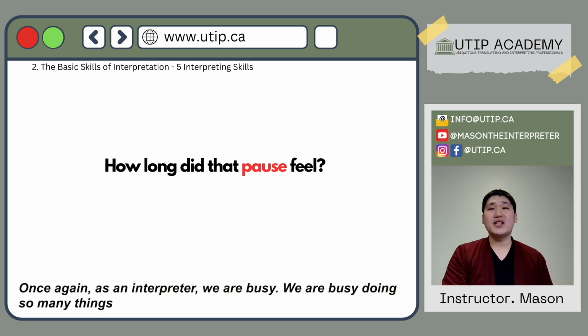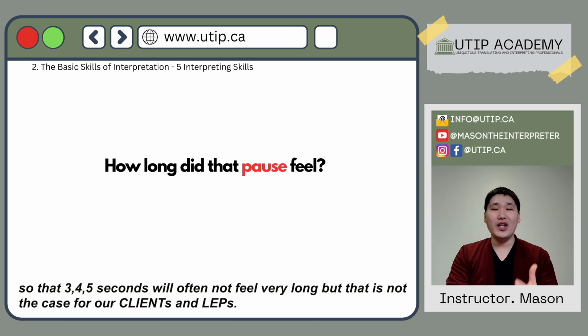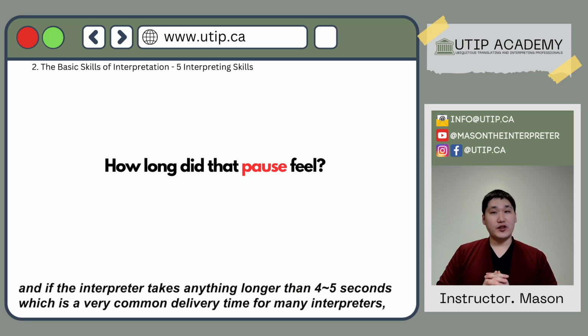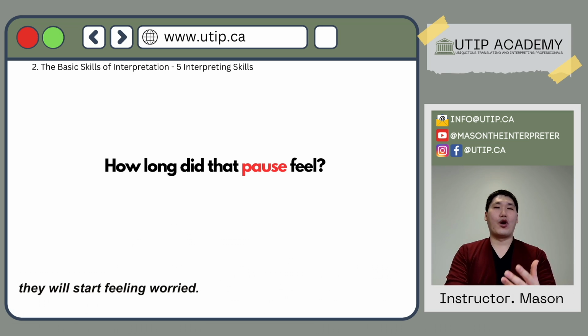We are busy doing so many things that 3, 4, 5 seconds will often not feel very long, but that is not the case for our clients and LEPs. They are literally standing there waiting for the interpreter to speak. And if the interpreter takes anything longer than 4 to 5 seconds, which is a very common delivery time for many interpreters, they will start feeling worried.